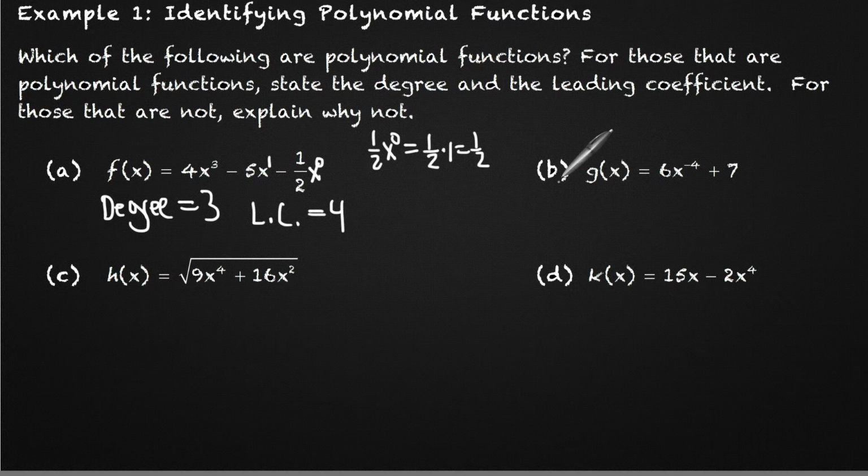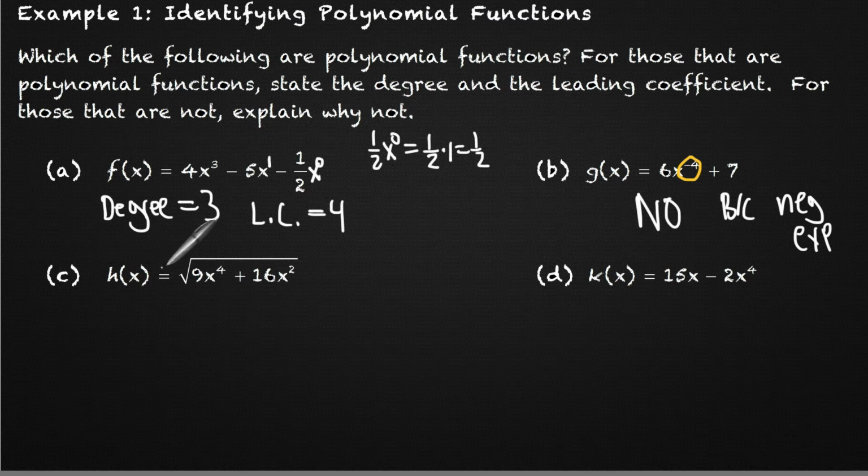Okay, let's go look at part B. Is this a polynomial? No, it is not, because we see a negative exponent. So automatically you will say no, and it says if it's not, explain why. You'll say because of a negative exponent. Let me actually write that out. Negative exponent.